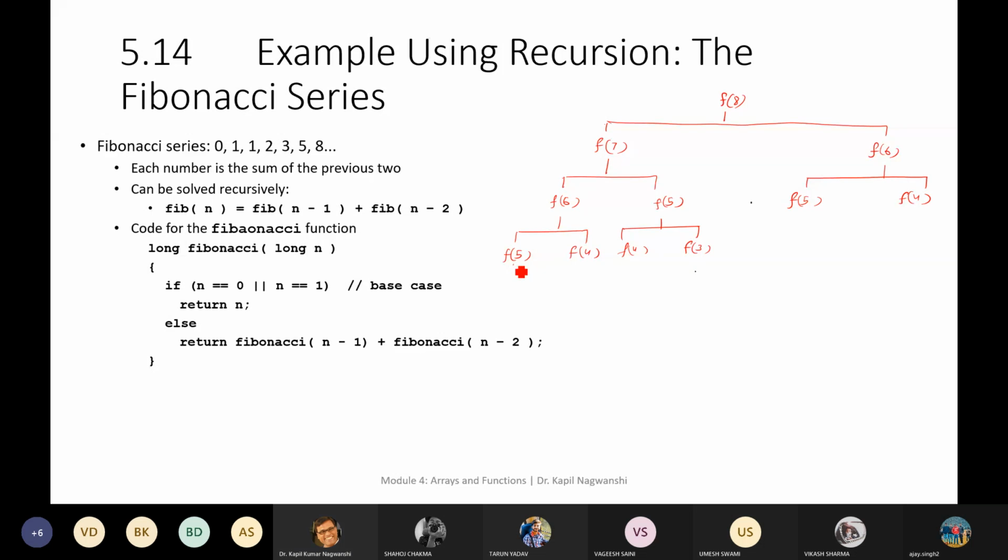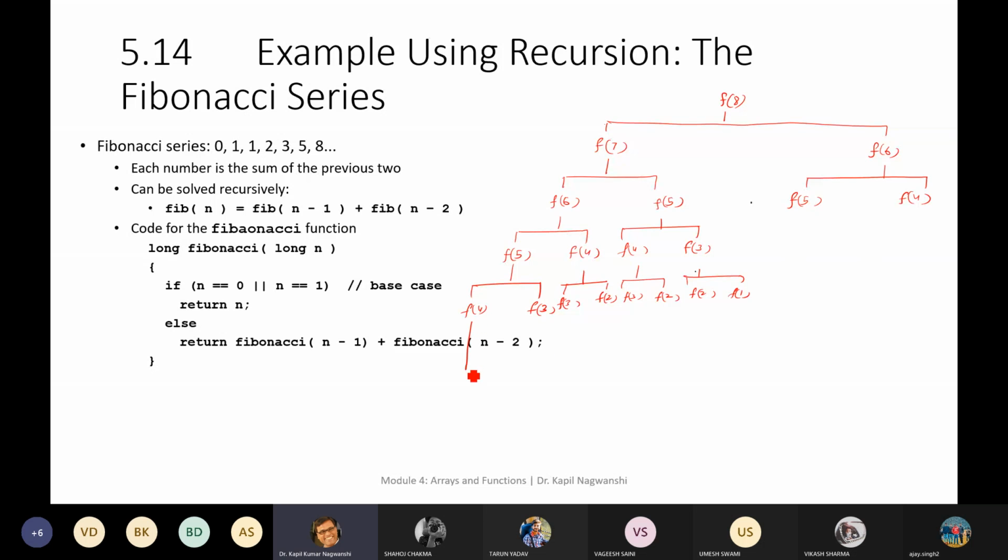This will be F4 and F3, and this will be F3 and F2, F3, F2, F2, F1.